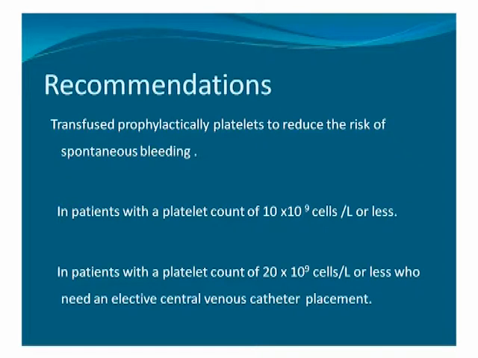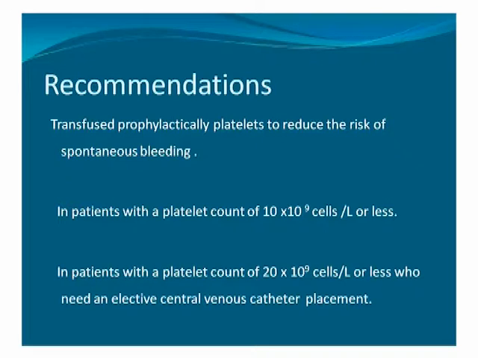There are a few recommendations from AABB and our guideline too: we transfuse platelets prophylactically to reduce the risk of spontaneous bleeding when a patient has a platelet count of less than 10,000 and a hypoproliferative disease.